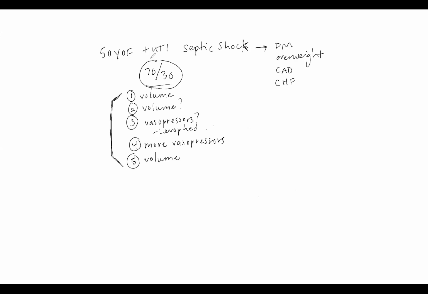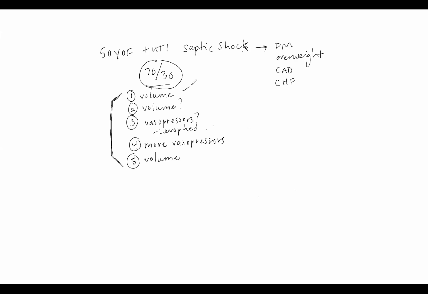So sometimes what can happen with these people is we go from a distributive shock type picture to a cardiogenic shock type picture because of the treatment. Now, all of this treatment is appropriate for somebody in distributive shock. There's nothing wrong with volume and vasopressors.